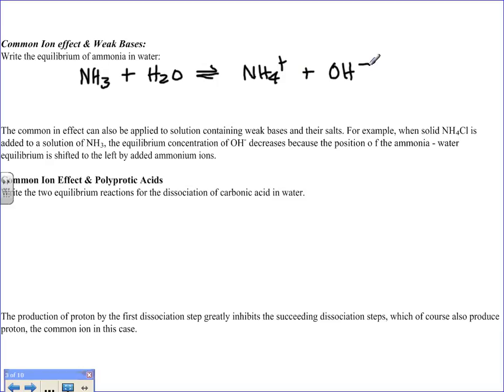In this case, a common ion effect would occur if we added some solid ammonium chloride. That would put into the solution ammonium ions, which would depress the equilibrium or not allow it to go as far forward. NH4+ in that case is the common ion.